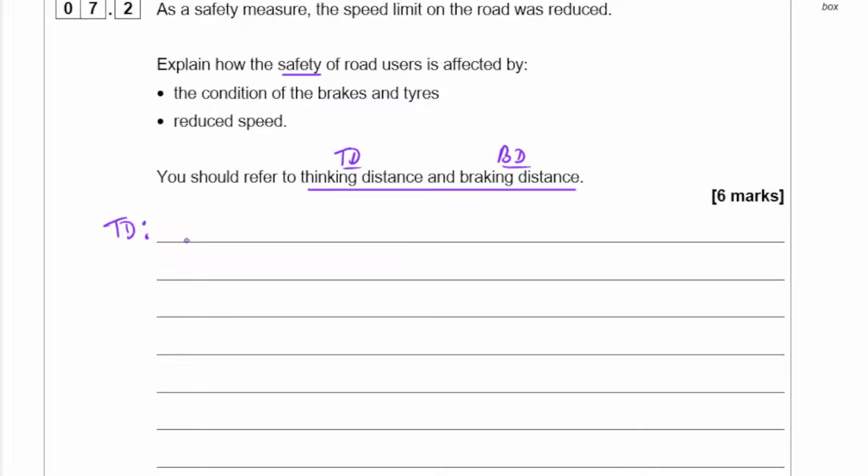So the condition of brakes and tires does not affect thinking distance.